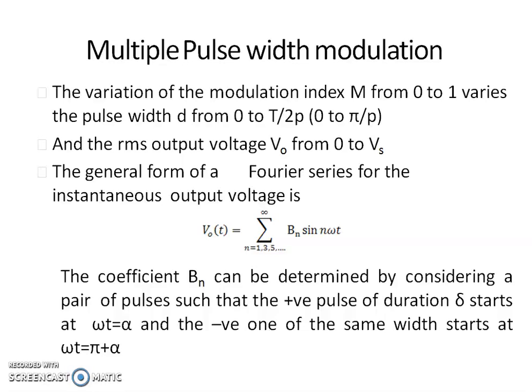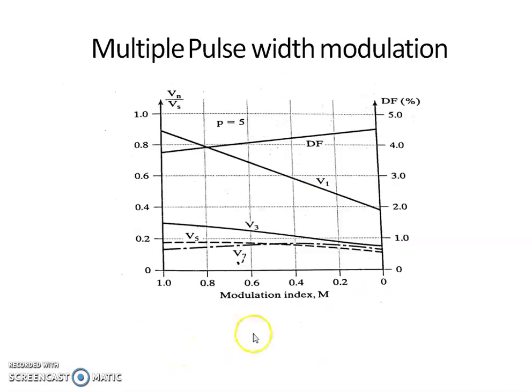Then consider the harmonic profile of the multiple pulse width modulation. This harmonic profile shows the variation with modulation index for 5 pulses per half cycle.